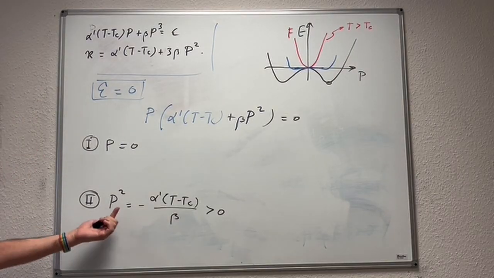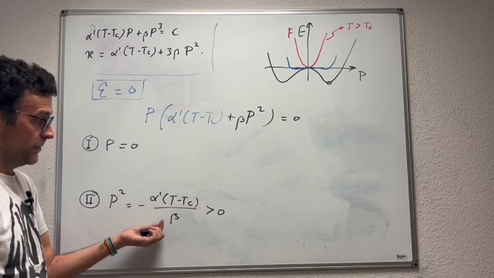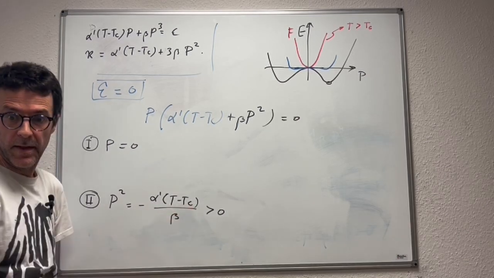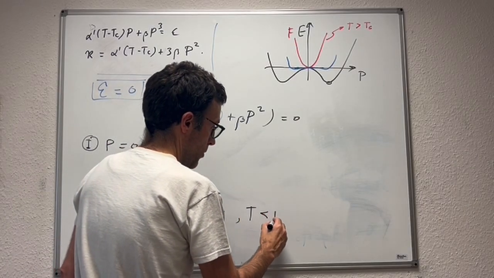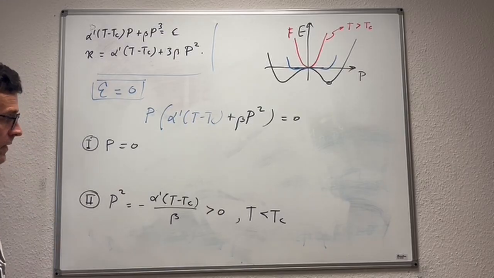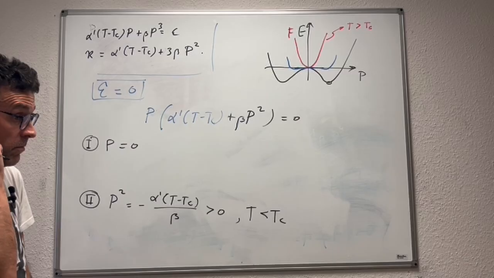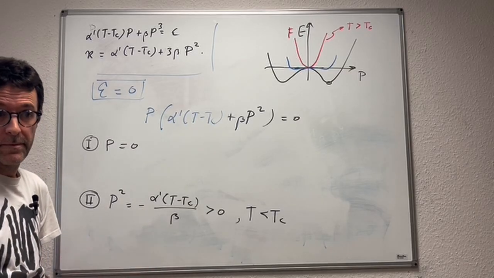And since we have hypothesized that alpha prime and beta are positive constants, this will be positive only if T minus Tc is negative. Therefore, this is true only for T smaller than Tc. So this solution, we have to worry about it only below Tc. Above Tc, these solutions don't exist.